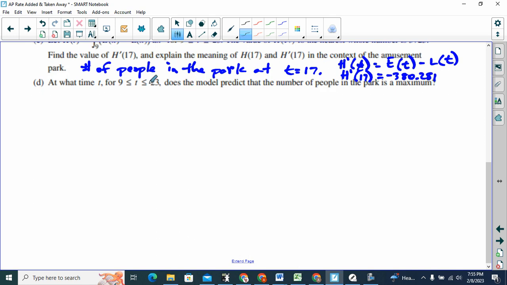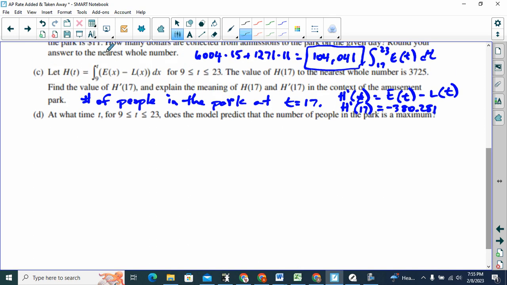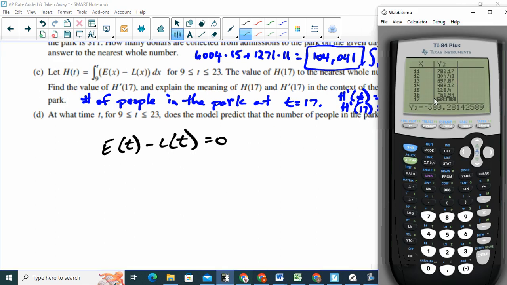So number of people in the park, we said, was what this equation here is. That's the number of people in the park. I need the derivative of that to be 0. So I need E of t minus L of t to be equal to 0. We graph E of t minus L of t.